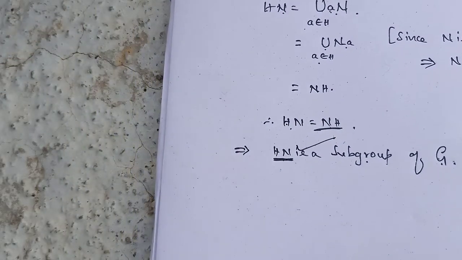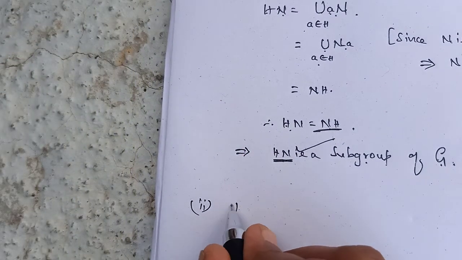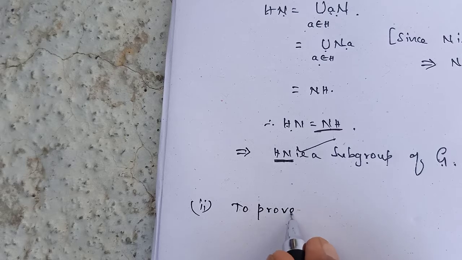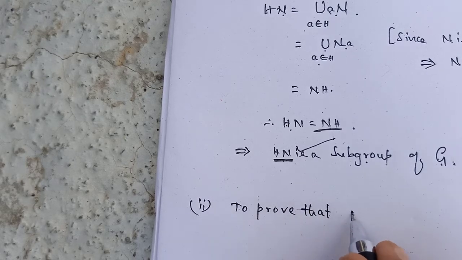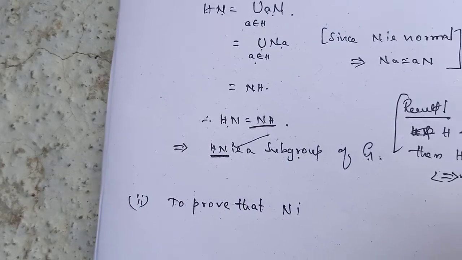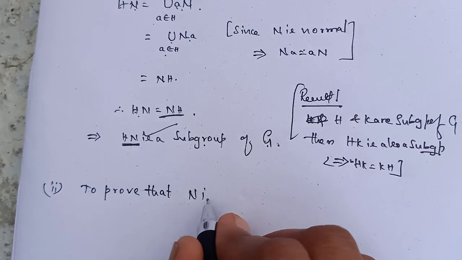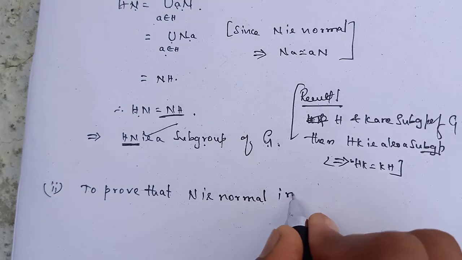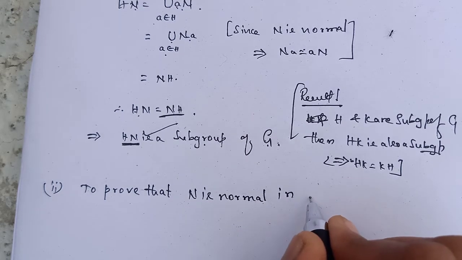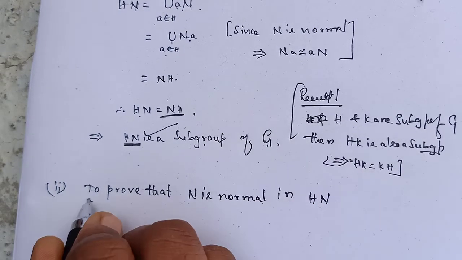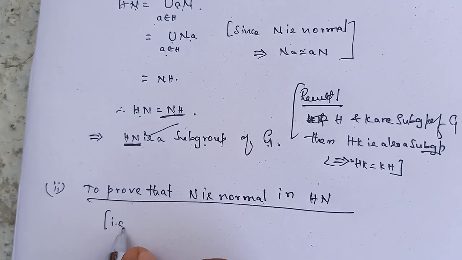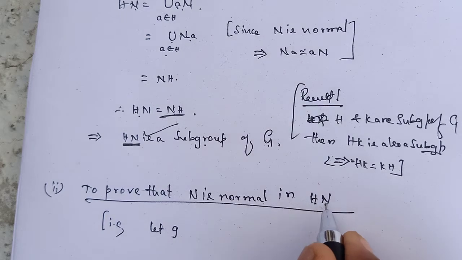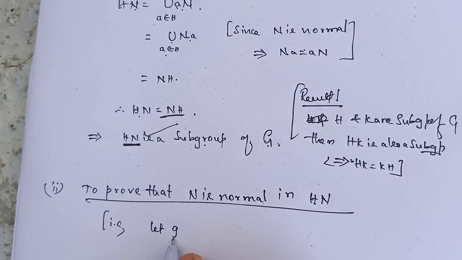So now, to prove the second one, that N is normal in HN. Let an element of HN be of the form gn.